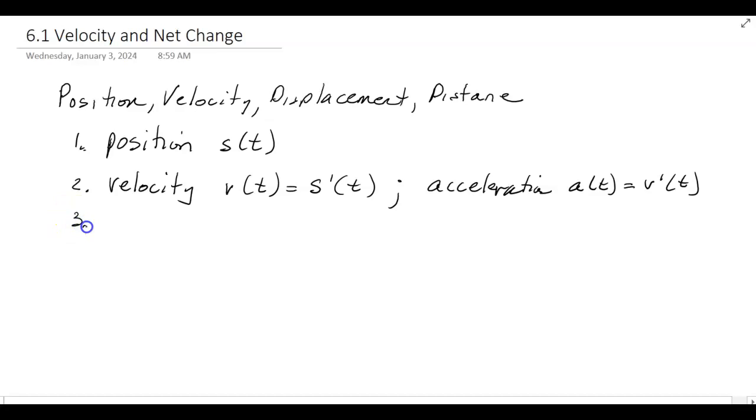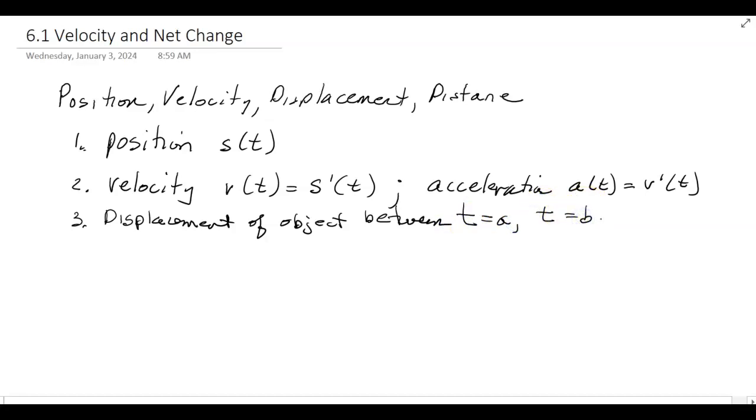Now, displacement represents distance traveled between two time periods. So when we talk about displacement, we will look at displacement of an object between time t equals a and t equals b, where some value b, of course, is greater than a.